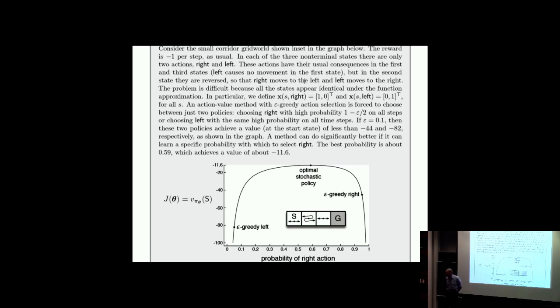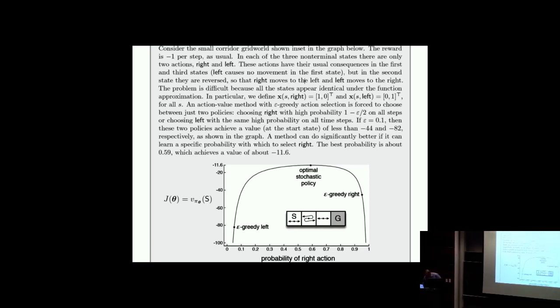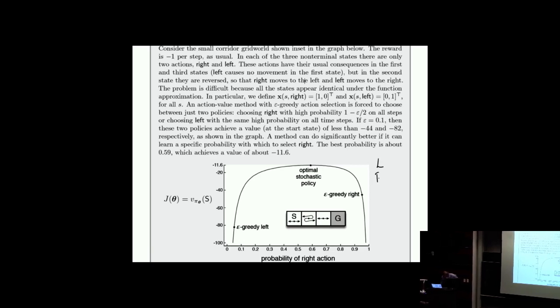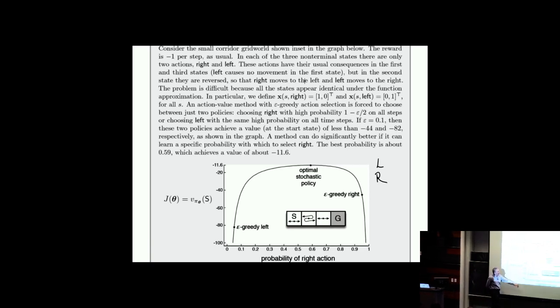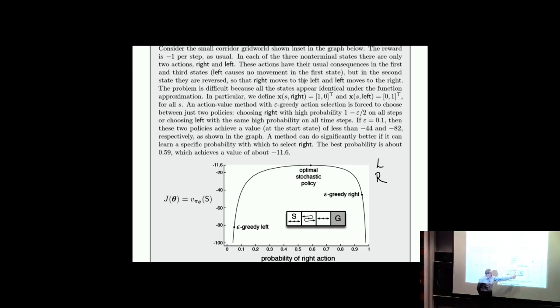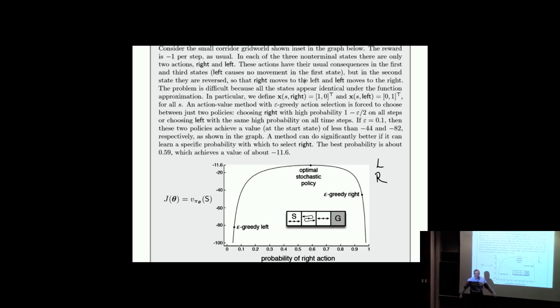There are 2 available actions, which I'll call L and R. In these 2 states, the L action makes you step left, and the R action makes you step right. But in this other state, the L action actually makes you go right, and the R action actually makes you go left. So it's a state-dependent action outcome, like most action outcomes are.